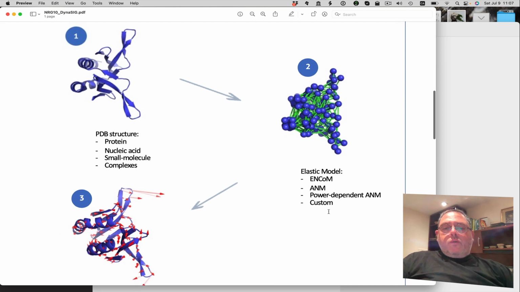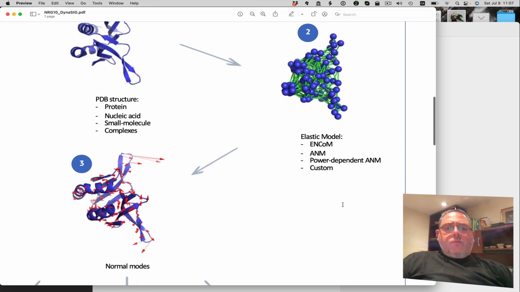You can also create your own custom elastic network.